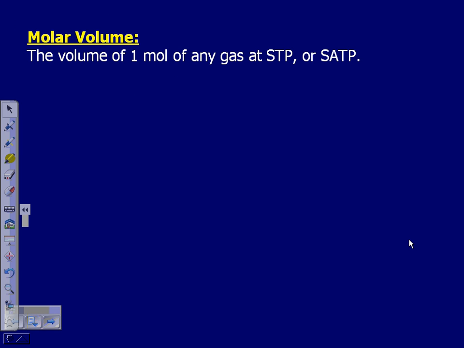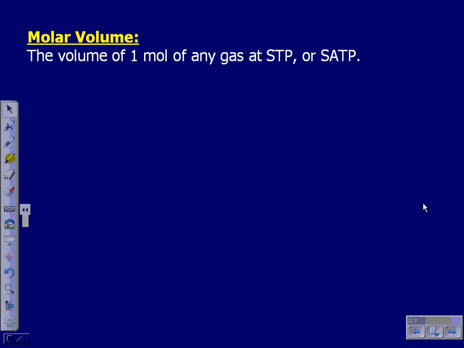It is essentially the volume of 1 mole of any gas at STP or SATP. We define SATP as standard ambient temperature and pressure. It's the temperature and pressure in a typical laboratory.